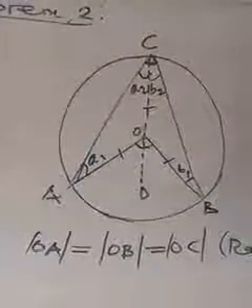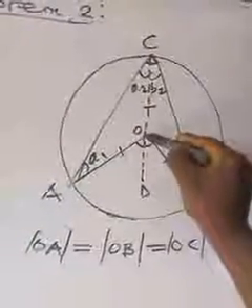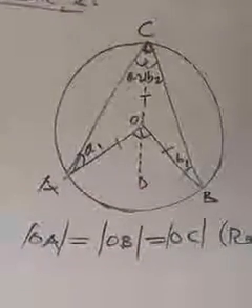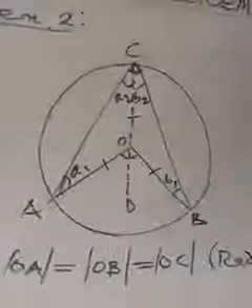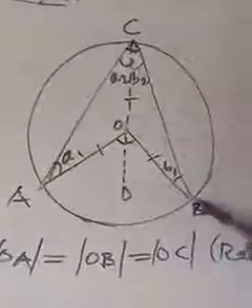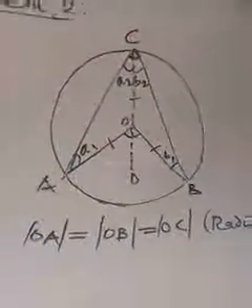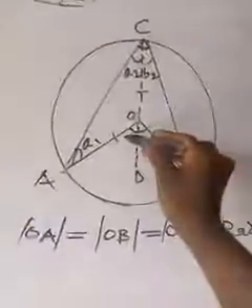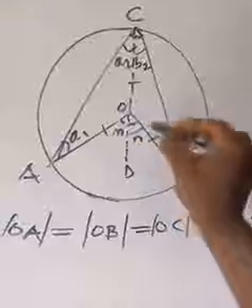Each of the three sides represents the radius of the circle, since this is the center of the circle, which means that triangle OAC is an isosceles triangle. Triangle OCB is an isosceles triangle. Let's call this angle M, then this angle N.